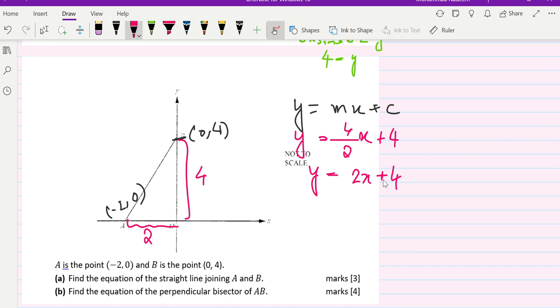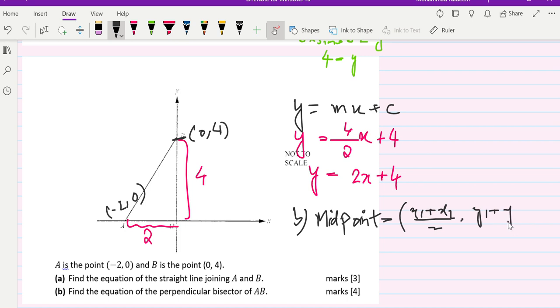Part B, find the equation of the perpendicular bisector of AB. When there is the word bisector, a bisector means a line which passes through the midpoint. So first of all, work out the midpoint for part B. The coordinates of the midpoint will be, this is the formula, (x1 + x2) over 2, comma (y1 + y2) over 2.